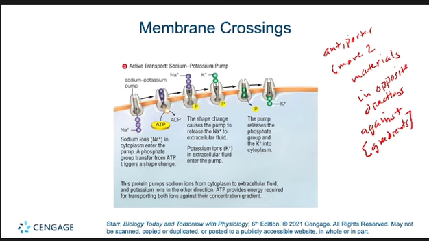The square brackets mean concentration. And the way that this works is that a single ATP is used to drive the movement of 3 sodium ions out of the cell for every 2 potassiums it drives into the cell.